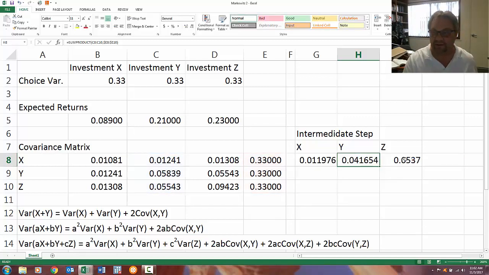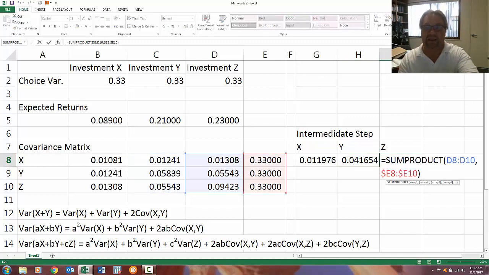And then you have the same thing here. A times the covariance of z and x, right here. B times the covariance of z and y, that's this guy right here. And then I have C times the variance of z, that's one of these.